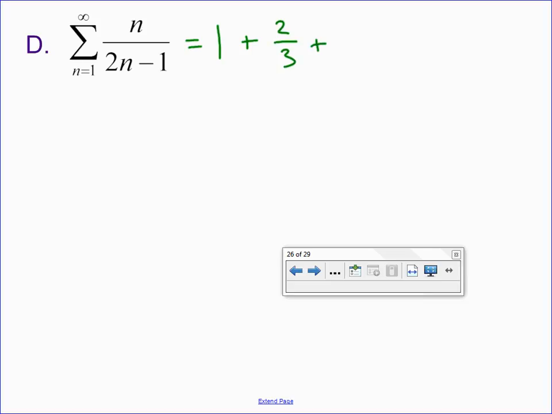Plus next term. 3 over 5. Plus 4 over 7. Plus 5 over 9. You guys see it? Yes? Awesome.